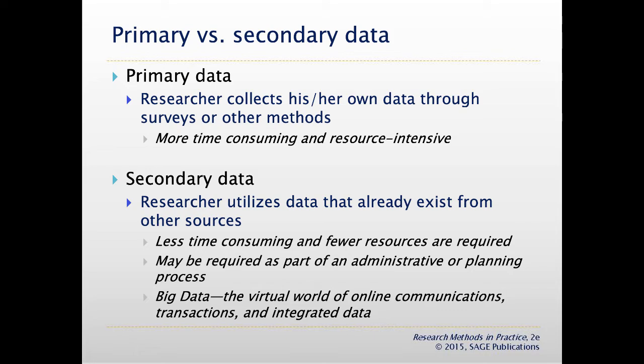So primary data is when the researchers are collecting their own data through surveys or all sorts of other methods. So obviously it's time consuming and resource intensive to collect one's own data, primary data, and it can be great to get secondary data which someone else has collected.